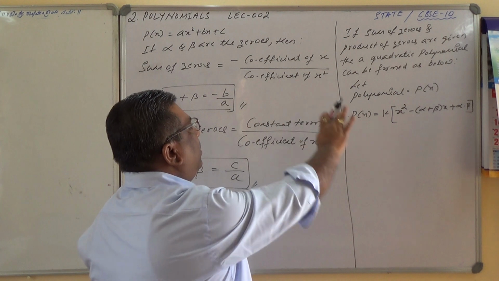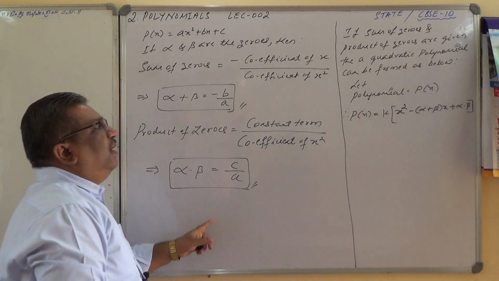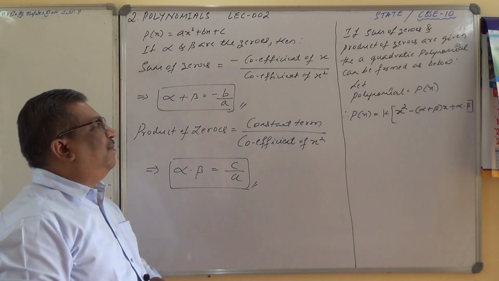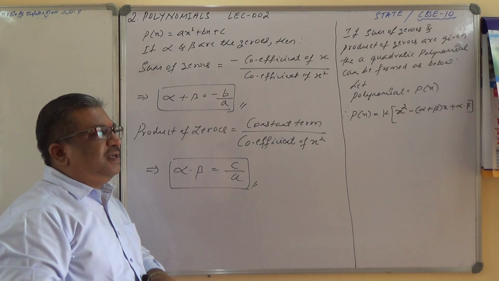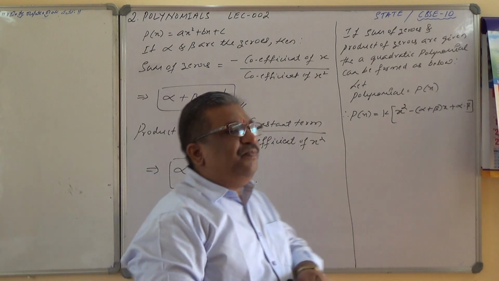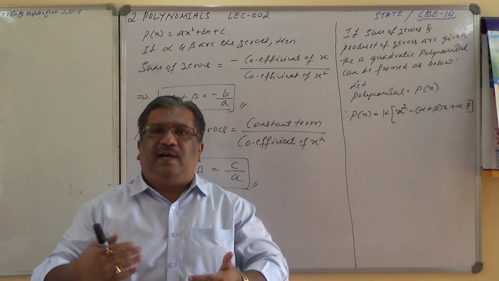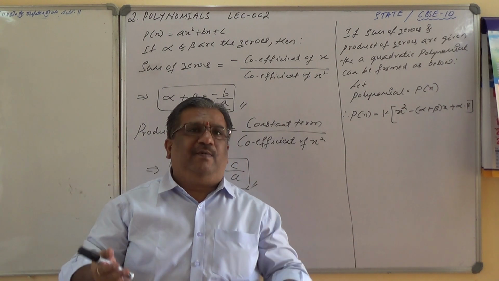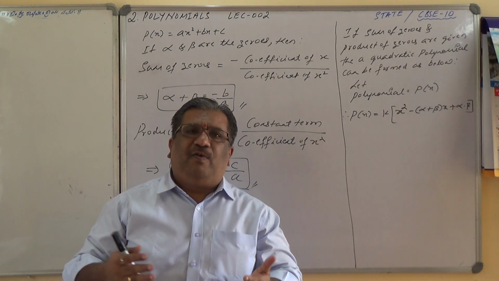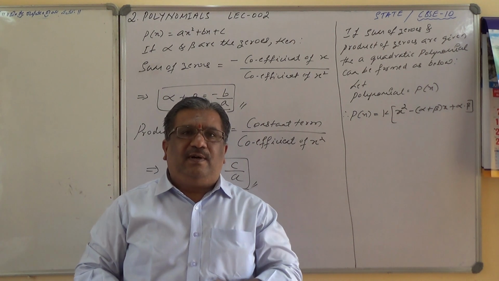So these are the two important aspects which you must know. Now we are ready for solving some numericals. I think you must note it down and then we'll proceed with numericals. For your convenience, I am categorizing the entire spectrum of numericals into about 4 or 5 types, and then we'll solve each and every numerical.